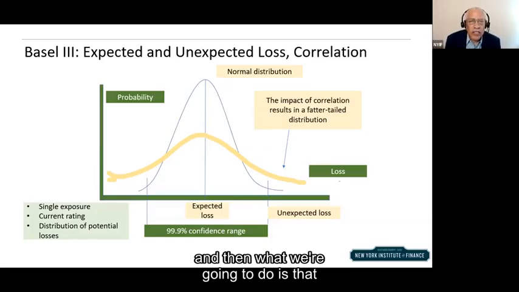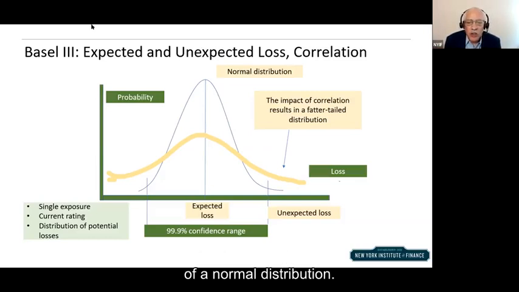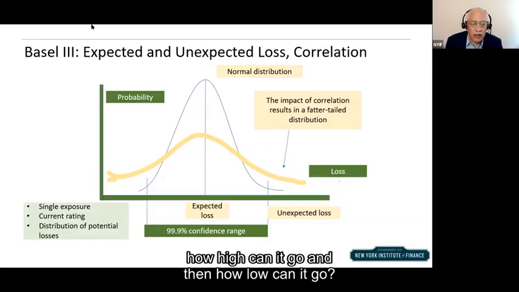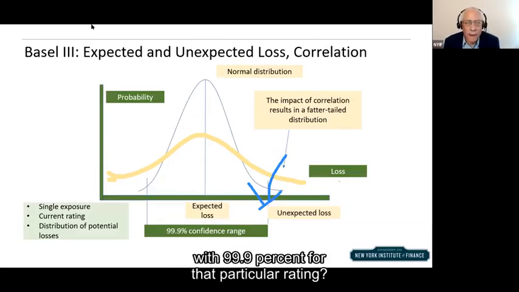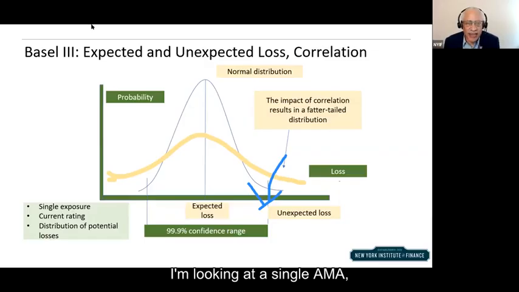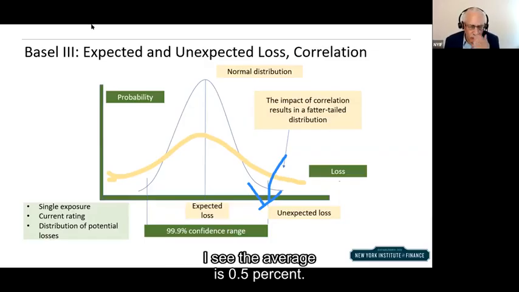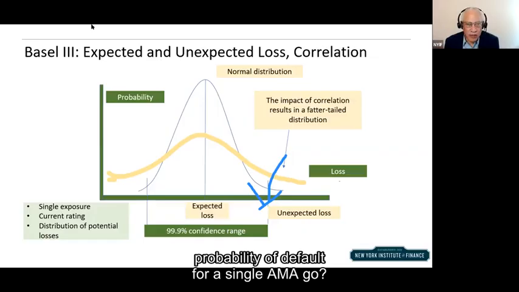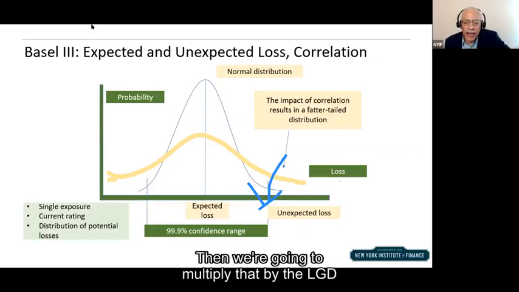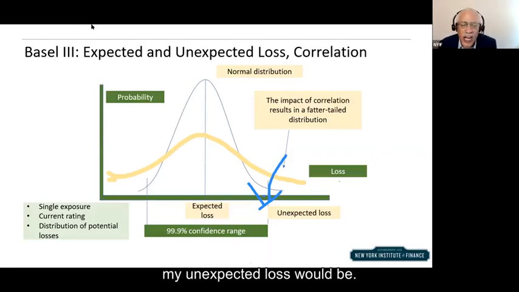Based on that probability of default, how high can it go and how low can it go? I'm worried about the high. How high can that probability of default go with 99.9% confidence for that particular rating? If I'm looking at a single A name, I see the average is 0.5%, but with that confidence, how high can the probability of default for a single A name go? Then we multiply that by the LGD, and that determines what my unexpected loss would be.